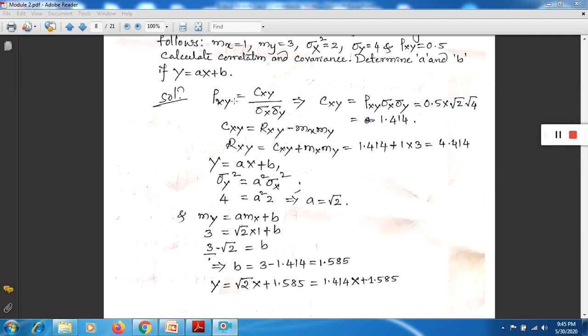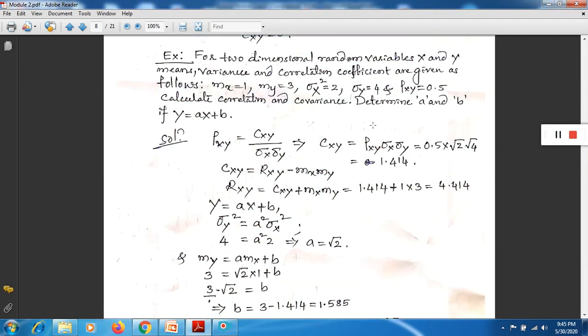So we use the equation rho of xy is equal to C of xy divided by del x del y. Among the things required, mx, del y and del x are given, and C of xy we need to find. So we find C of xy from this. Rho of xy is also there.